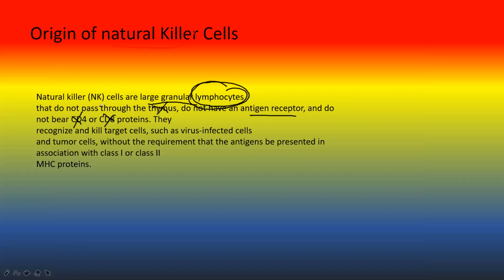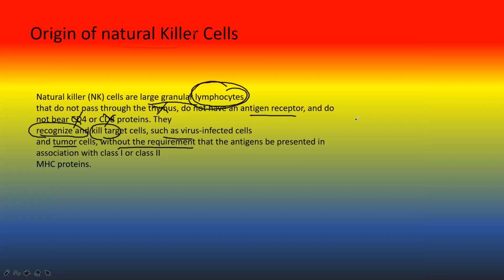They are direct killers. They recognize and kill the target cell, especially virus infected cells and tumor cells. They don't need any presentation of antigen, so they don't need activation. They are already active. Natural killer cell is part of innate immunity.